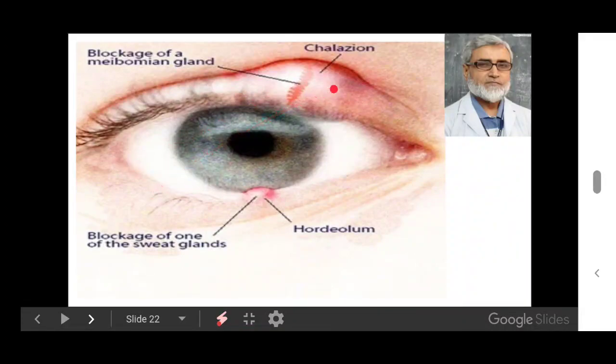While operating on this, the upper eyelid is reverted and scooped, and white cheesy material comes out. You can see very well here. That is known as a chalazion. It is a non-tender, non-inflammatory condition.